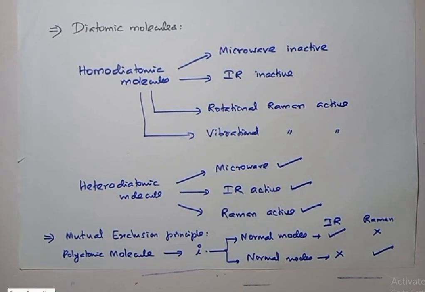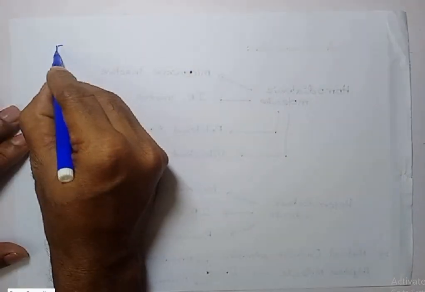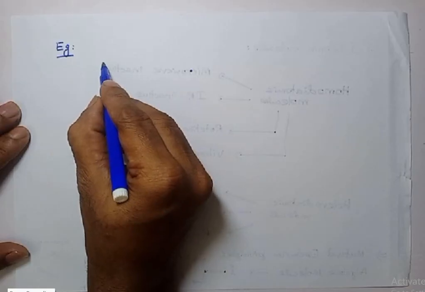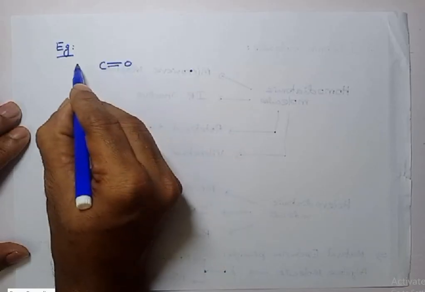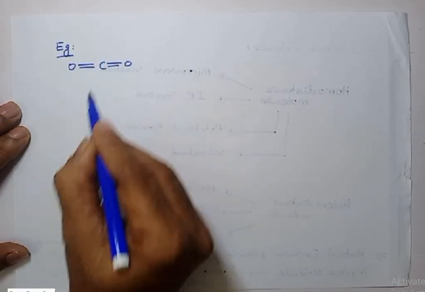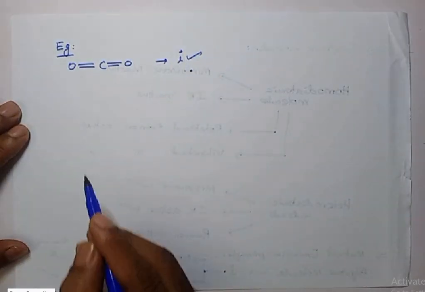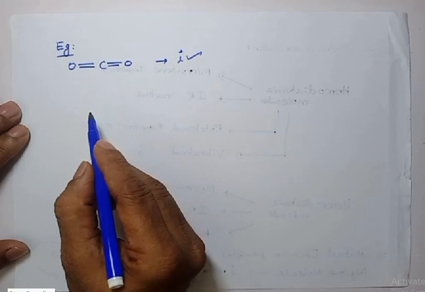See, suppose I take a carbon dioxide molecule. It's a very simple molecule, and it possesses a center of symmetry. You know very well it is a linear triatomic molecule.